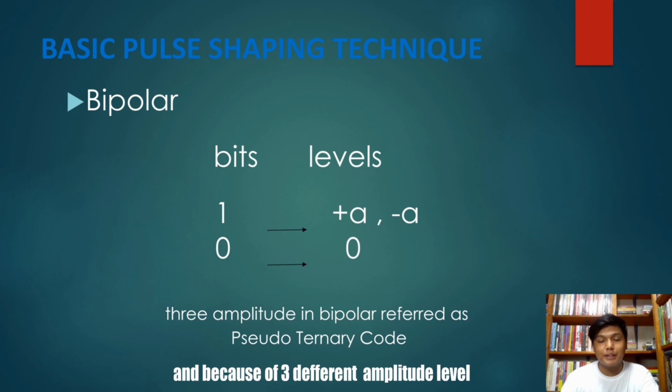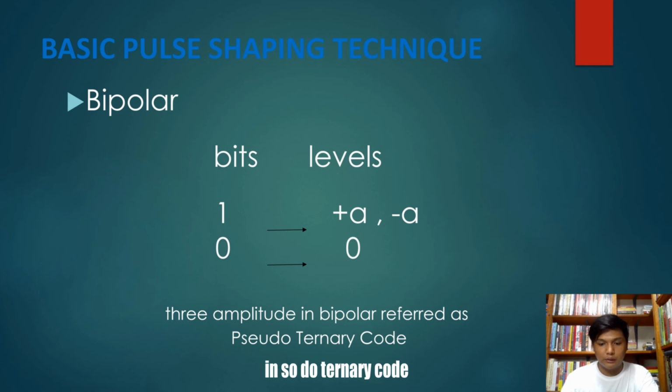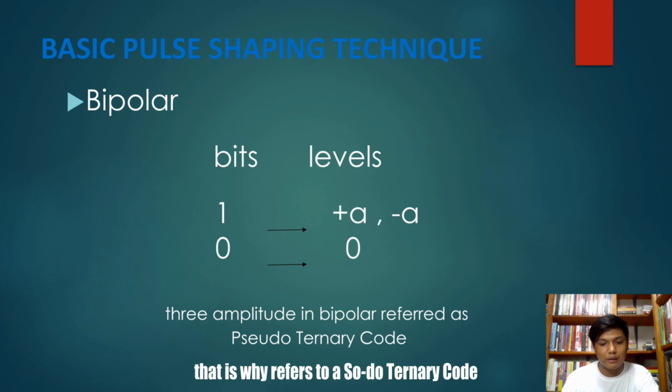Because bipolar assigns these three different amplitude levels, it is referred to as pseudo ternary code, where the word ternary means three. Here we are assigning three voltages to zeros and ones. That is why it is referred to as pseudo ternary code.